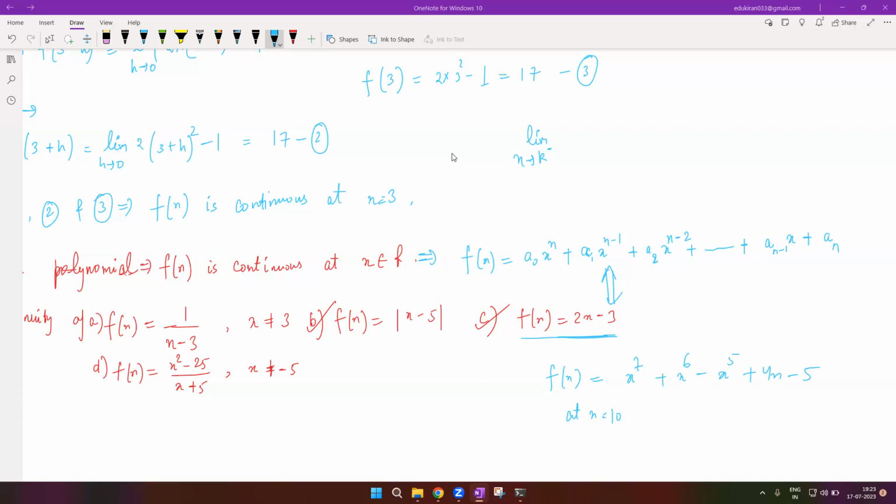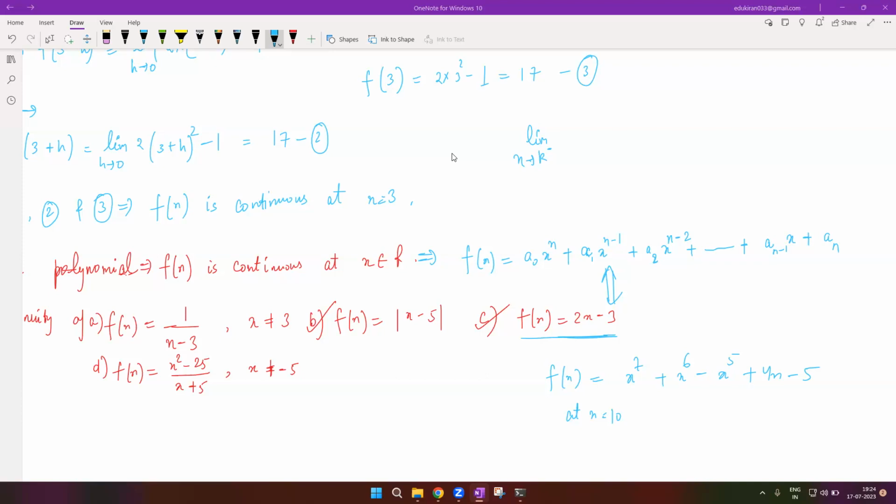So either your LHL at that point can give plus minus infinity or an indeterminate form, or similarly your RHL at that point can give plus minus infinity or an indeterminate form, or the value of the function at that point can be plus minus infinity or an indeterminate form, right? These are the only three reasons why a function is discontinuous.